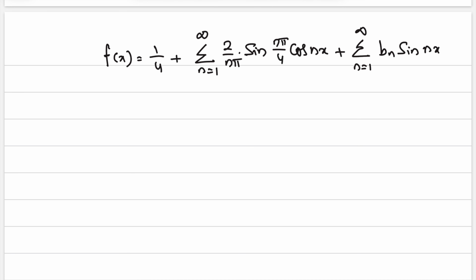For different values of n, we will get the different values of bn. Bn is defined that way.